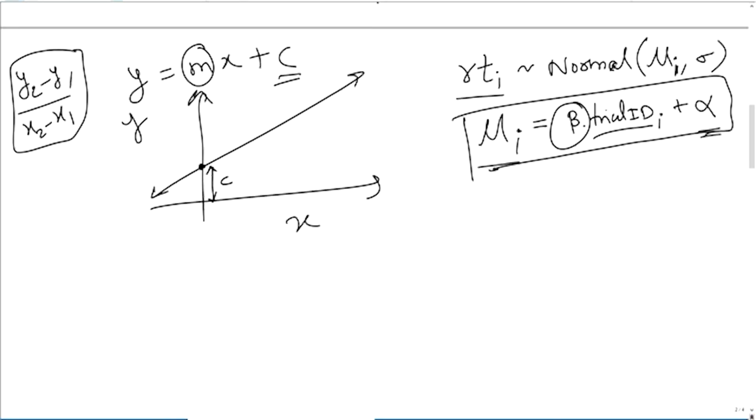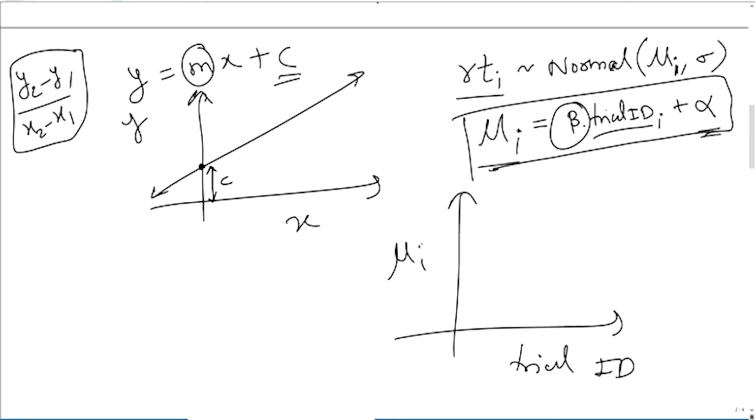If trial ID is on the x-axis and mu I is on the y-axis, the graph is like this. The intercept is alpha. The slope of this line is beta.